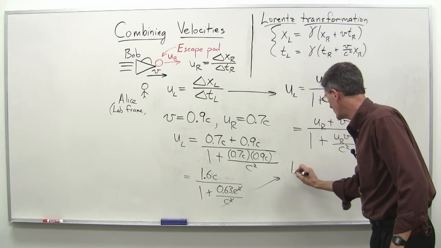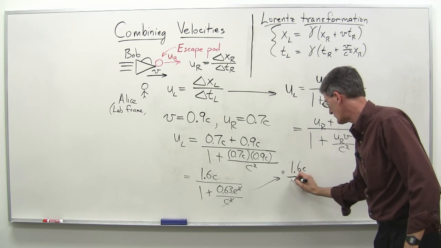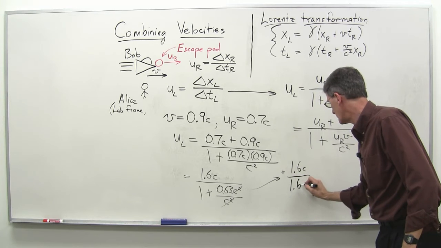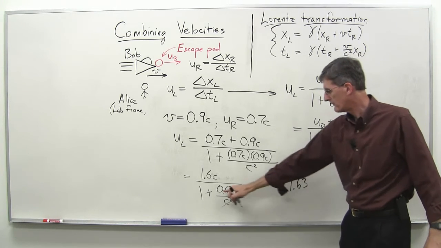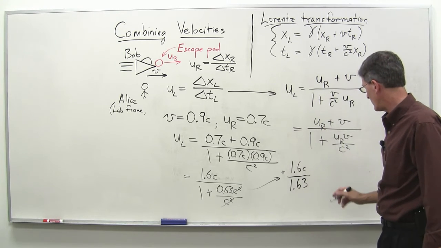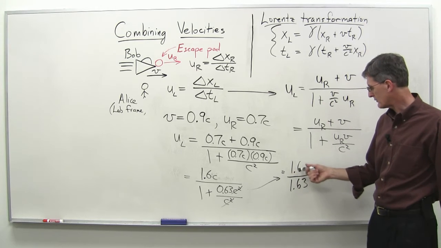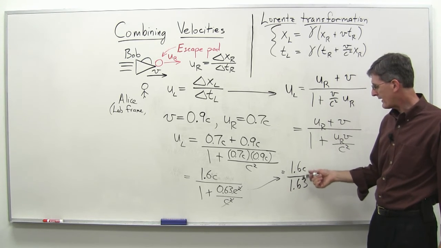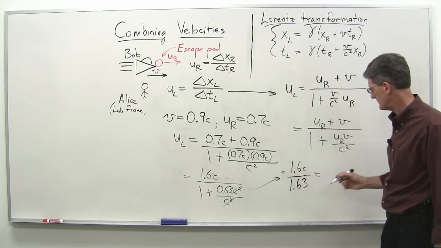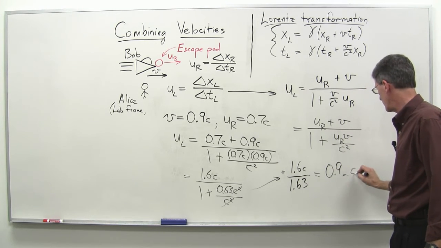And look what I'm left with. This equals 1.6 c all over 1 plus 0.63. The c squareds are gone there. So this becomes, get out your calculator and figure this out, roughly 0.9-something c.